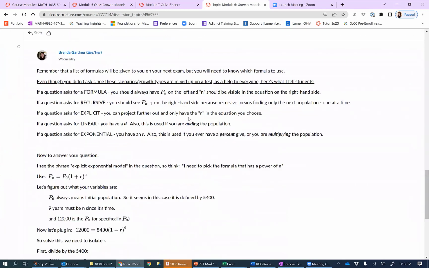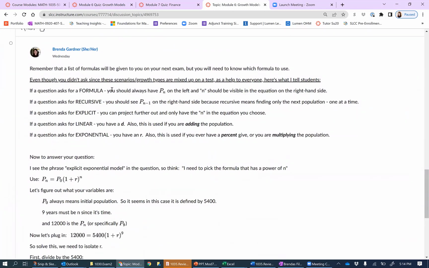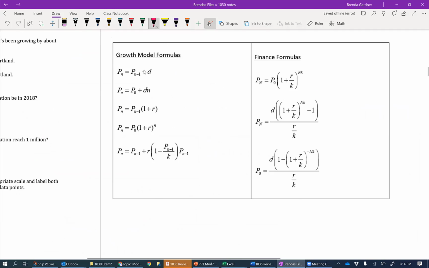Particularly for the growth models, because this one has an n-1 and this one has an n-1, those are considered recursive. Because this one has an n and this one has an n, that means we can project further out, and so those are considered explicit.